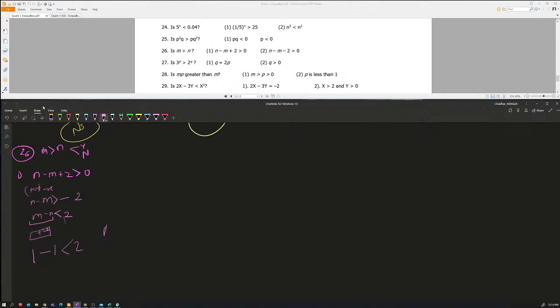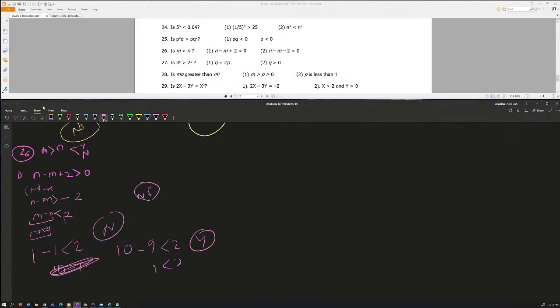So they are equal, so you get a no answer. But it could be 10 minus 9, less than 2, which is 1 less than 2. So we get a yes answer. This is definitely not sufficient.